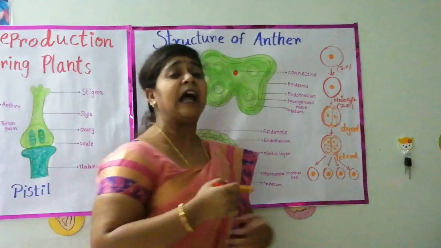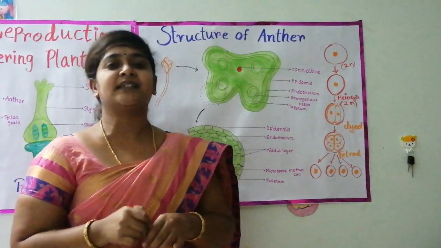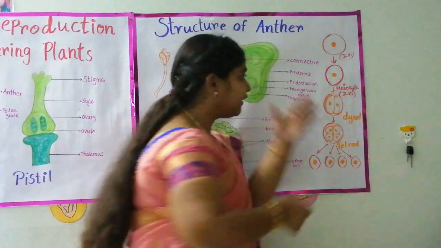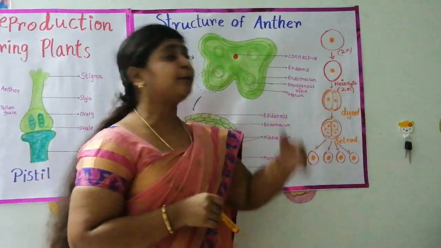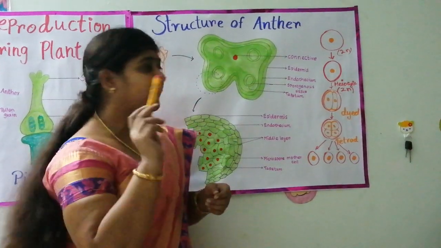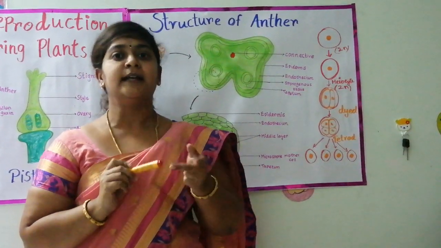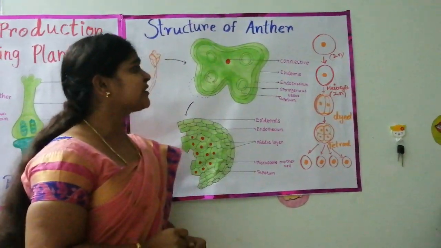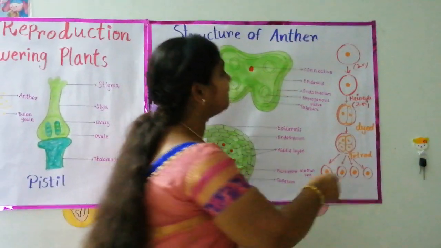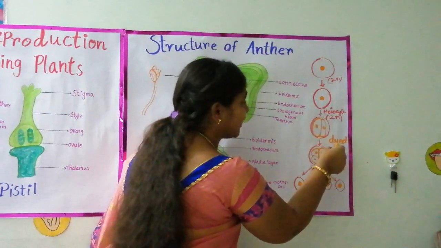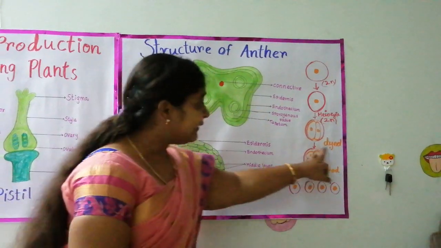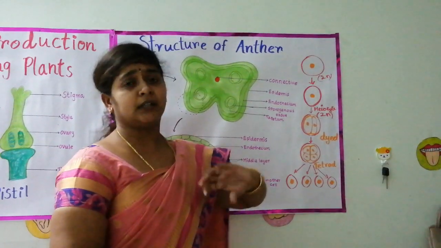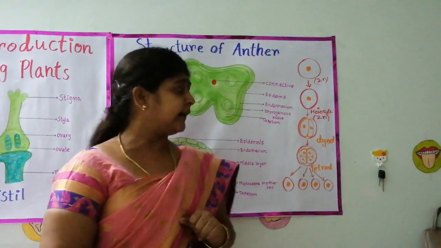Actually, the meiocyte undergoes meiosis. Meiosis, we know, is the reductional division. While the meiocyte undergoes meiosis phase 1 (in meiosis there are two phases, meiosis 1 and meiosis 2), it forms the pollen diad, meaning a cell which contains two nuclei.